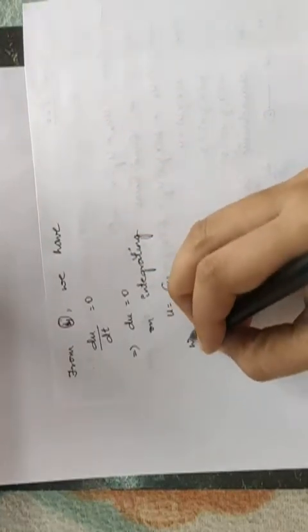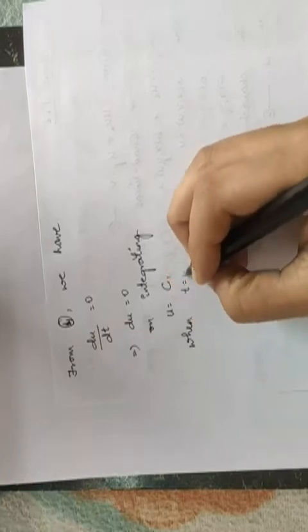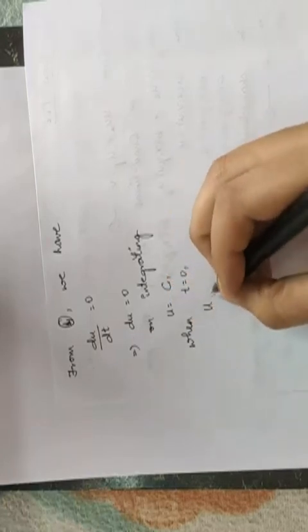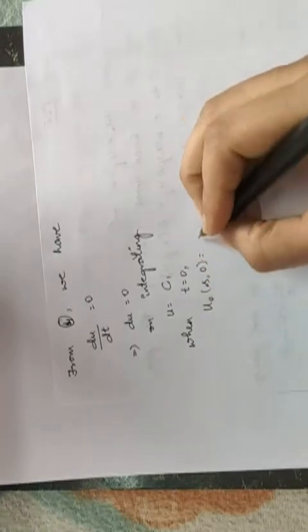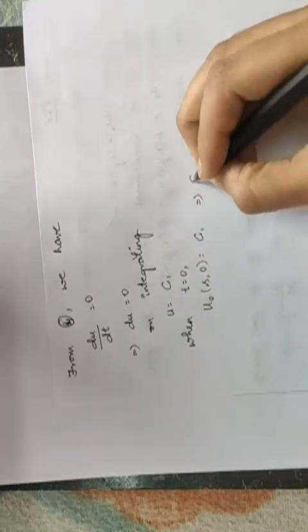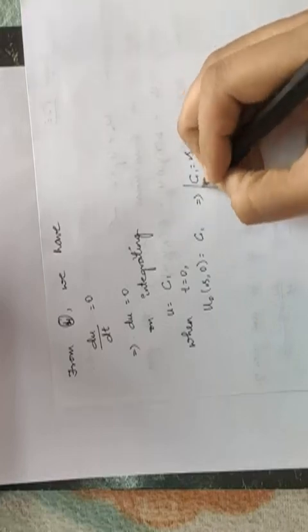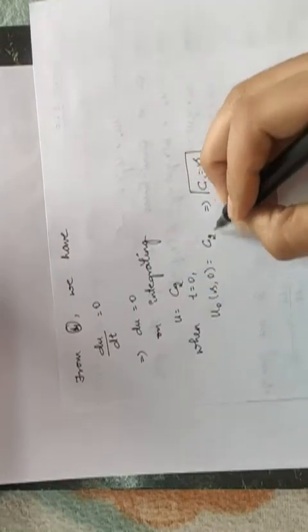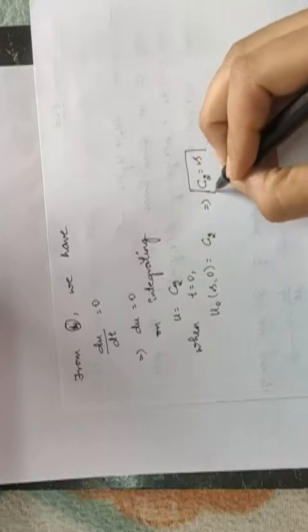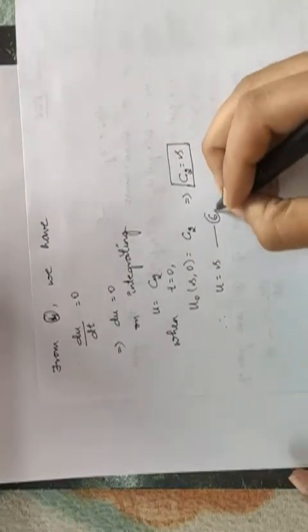So when t is equal to 0, u naught of s comma 0 will be equal to c1. So c1 is nothing but s. Consider one more constant, that is c2. So c2 is s. Therefore the value of u is s. Now I will call this equation number 6.